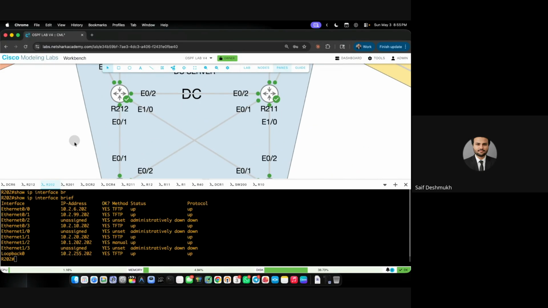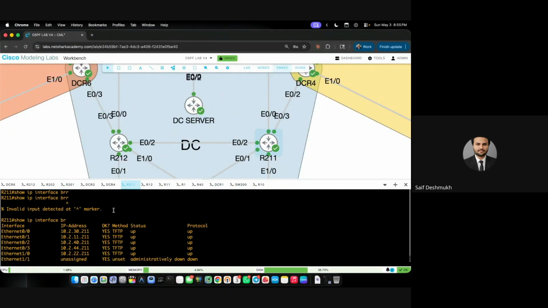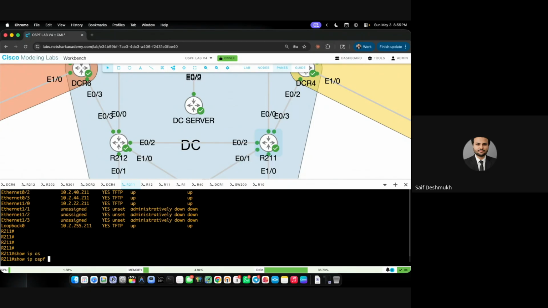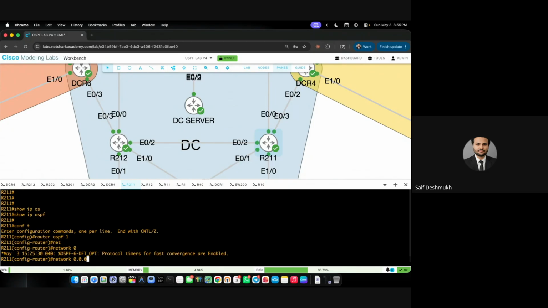First of all, we'll focus on these two routers, 211. We don't have OSPF yet, so router ospf 1, network 0.0.0.0.